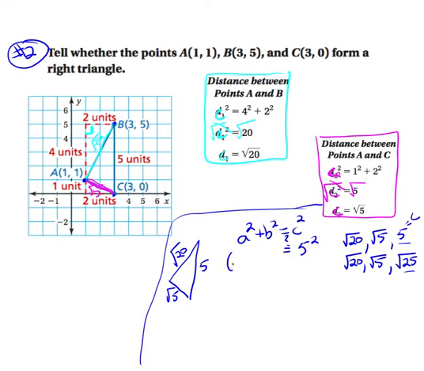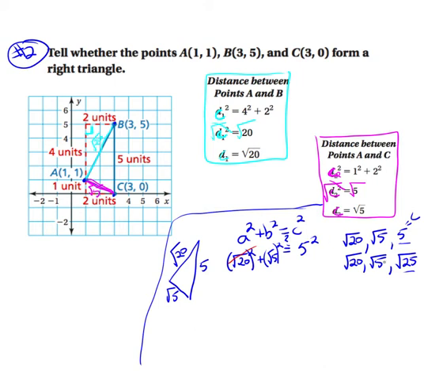Over here, I'm going to substitute the square root of 20 in for A, and put it in parentheses to square it, and the square root of 5 in parentheses and square that. Now, thinking about the square of a square root, remember, that cancels out, and that's the cool part.